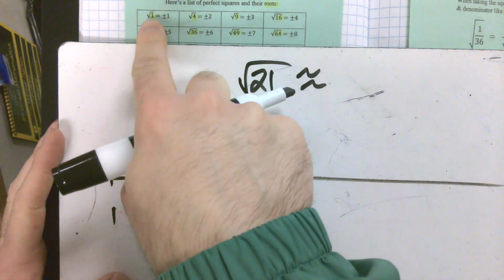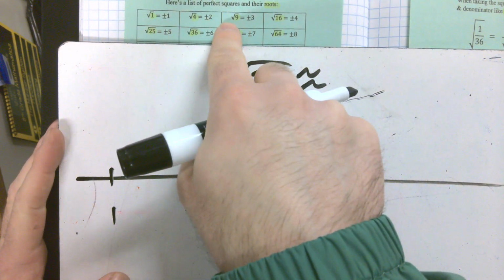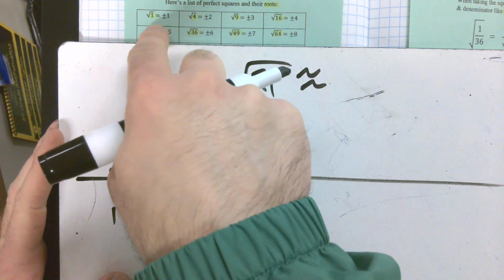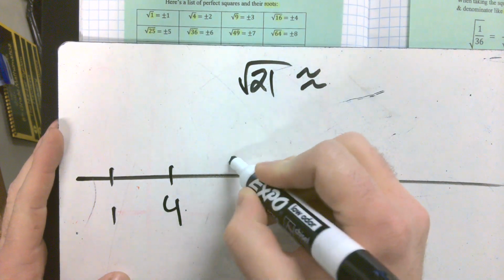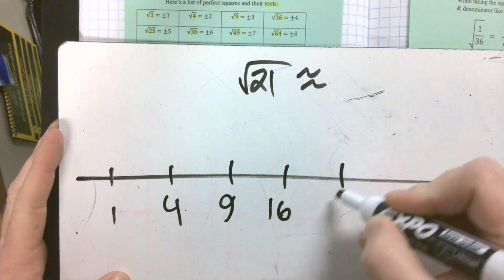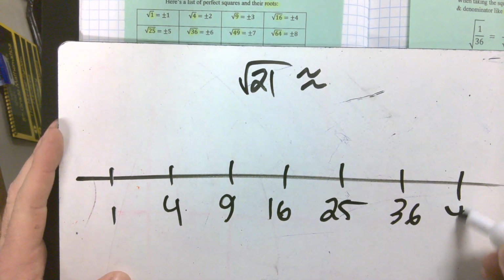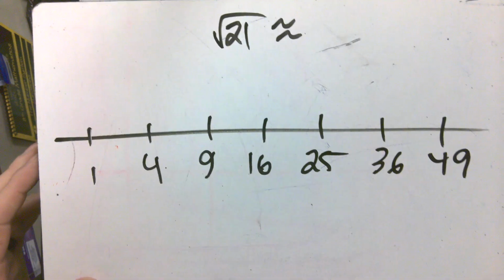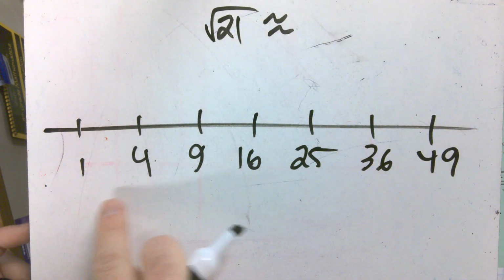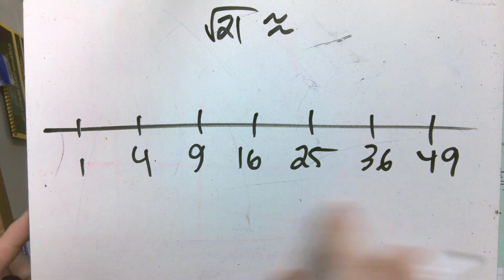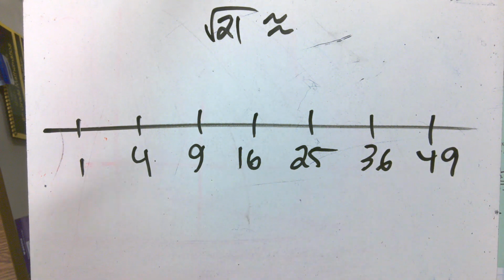I've got 1, 4, 9, 16, 25, 36, 49, and so on and so on, right? Do you see 21 anywhere on this number line? No, because 21 is not a perfect square.